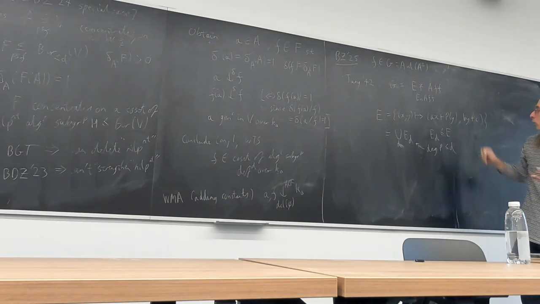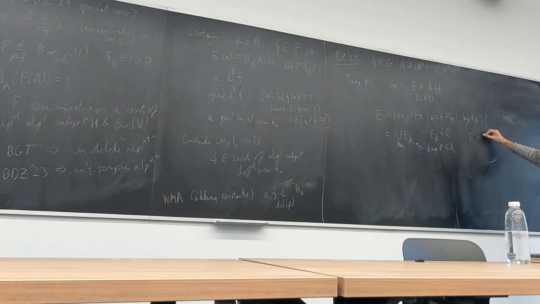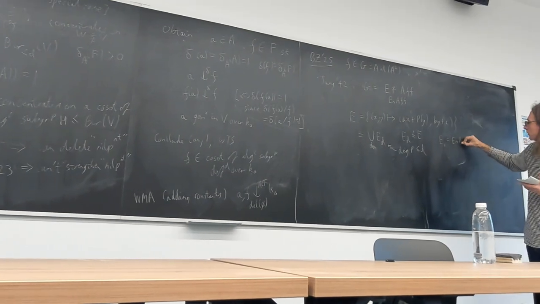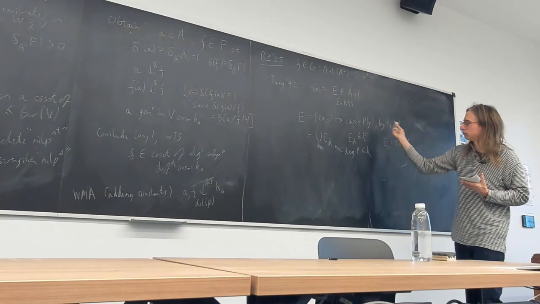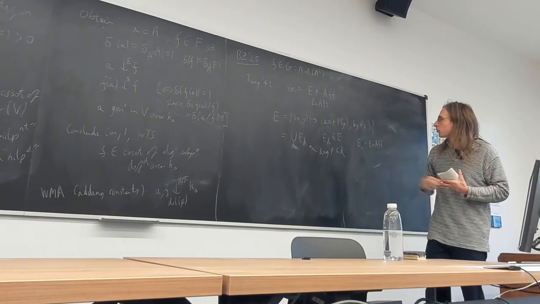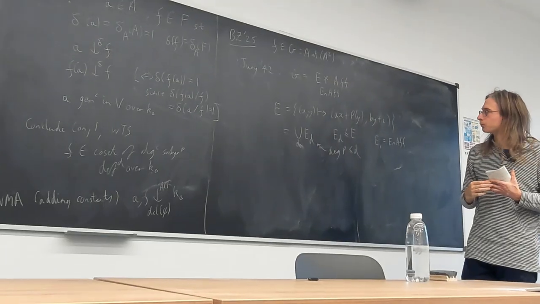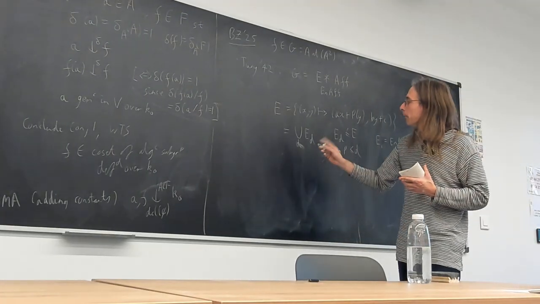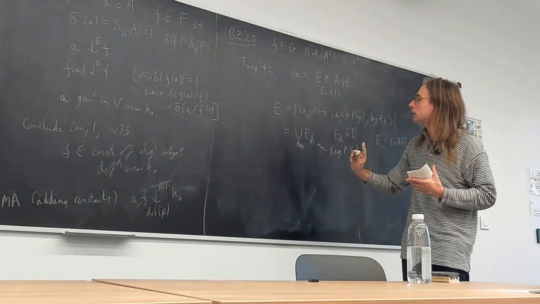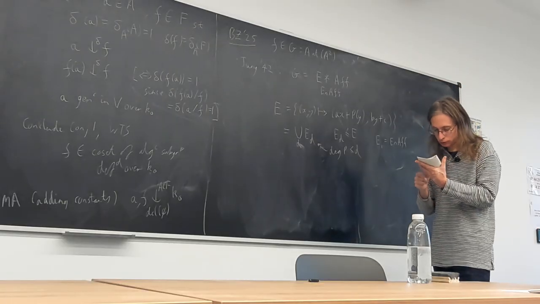The intersection, by the way, is exactly E1. If it's going to be affine linear, then this should be a linear polynomial. Okay, that's the first tool.